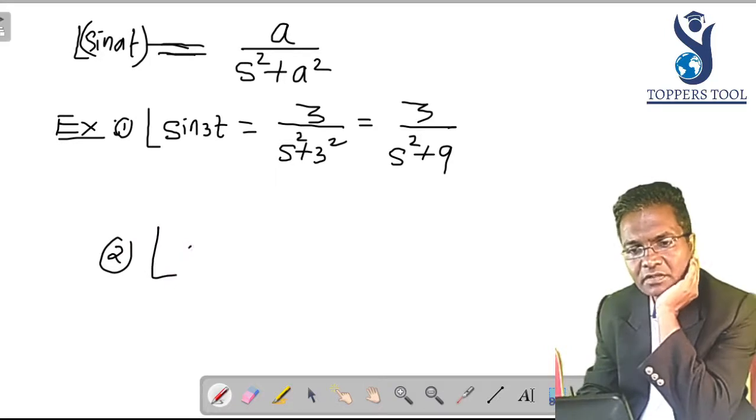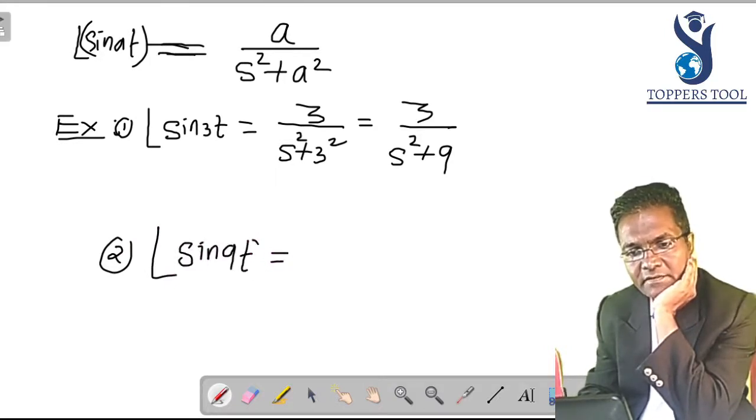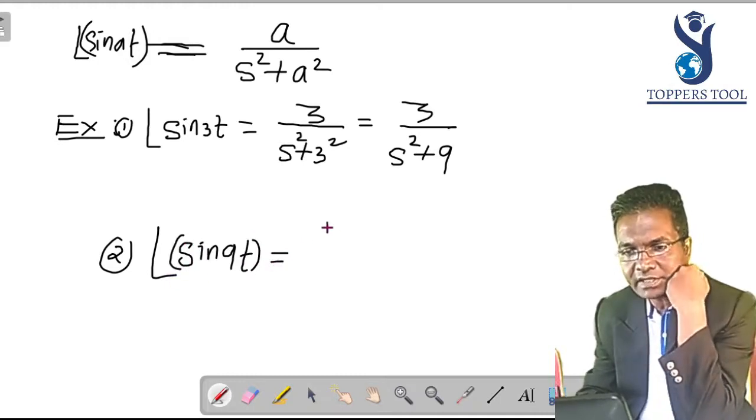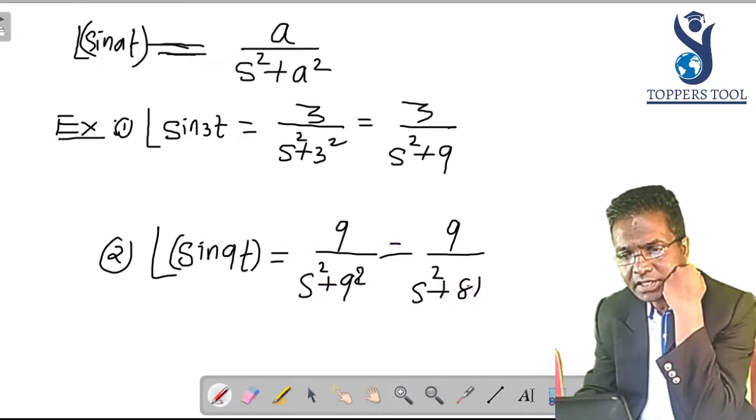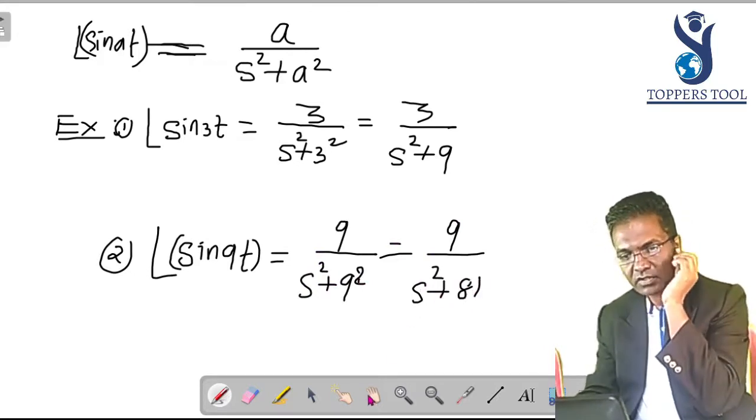Suppose you come across sine of 9t, Laplace transform of sine of 9t, you can write it as 9 by s square plus 9 square. So one can write directly 9 by s square plus 81.